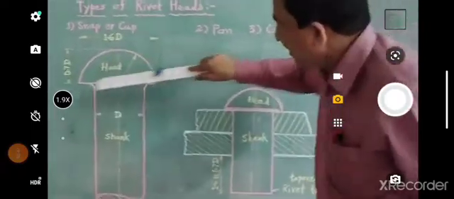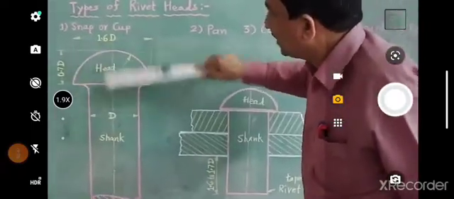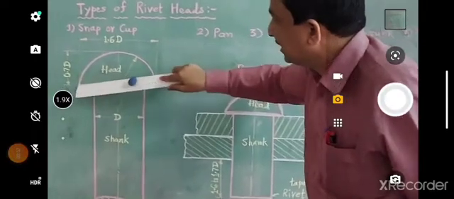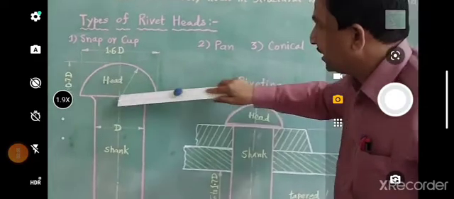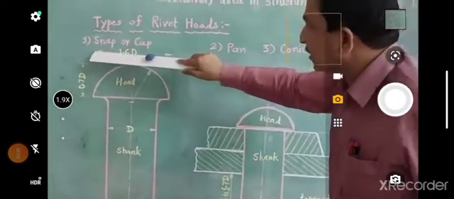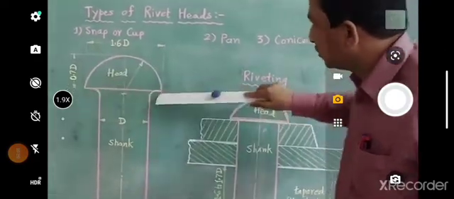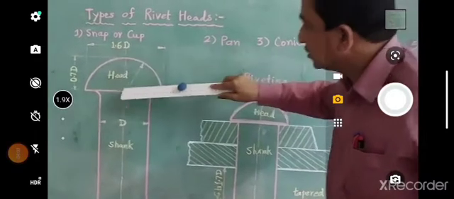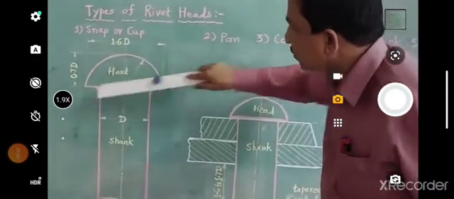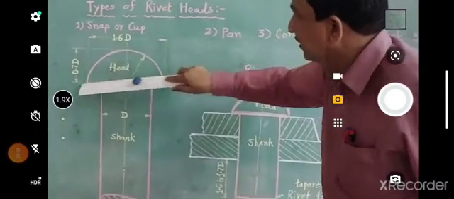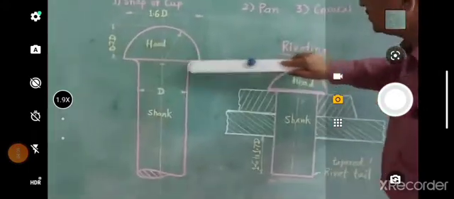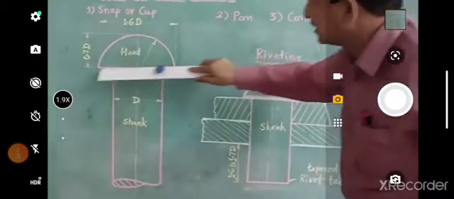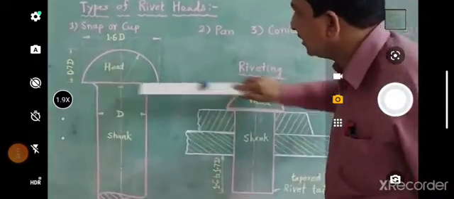From this center, on this side mark 0.8D, because the total distance from this point to this point is 1.6D. So from the center to this end point you get 0.8D, and on the other side also 0.8D.